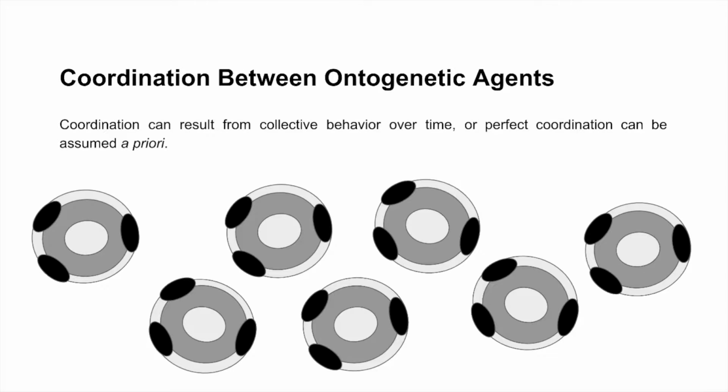And so one example of how ontogenetic agents can use this information and build themselves some sort of game is coordination between ontogenetic agents. So in this case, you have coordination that results from collective behavior over time. Or, you could also have perfect coordination, and you can assume this a priori.